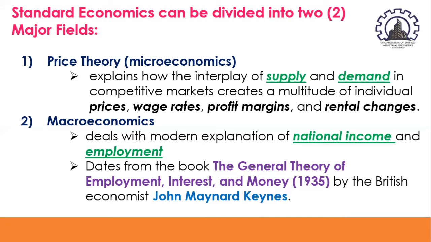And another field is what we call macroeconomics. And if we say macroeconomics, it deals with modern explanations of national income and employment. Macroeconomics dates from the book The General Theory of Employment, Interest and Money, 1935, by the British economist John Maynard Keynes.